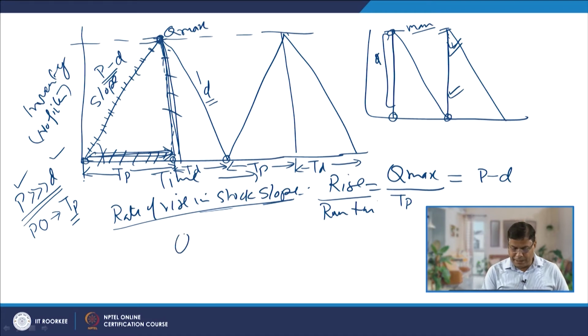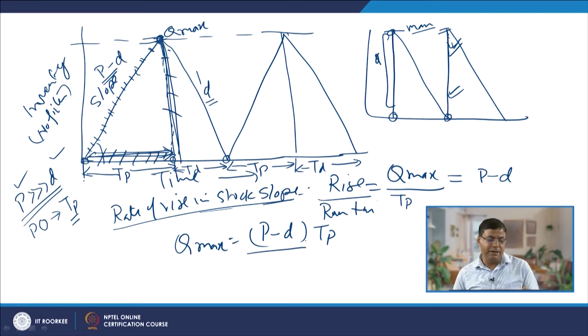So, the Q max here will be equal to (P minus D) into TP. P minus D is the rate at which the inventory is rising during the replenishment period, and TP is the replenishment period.